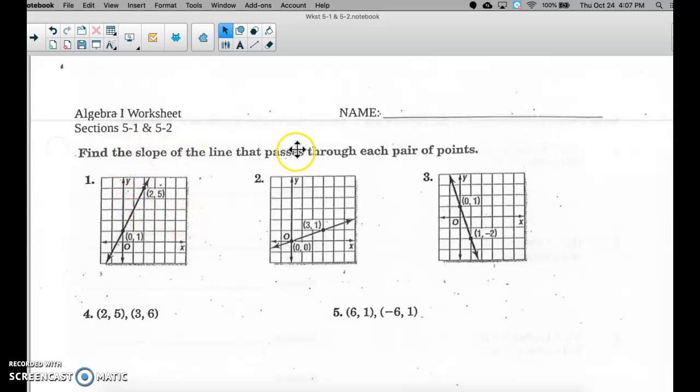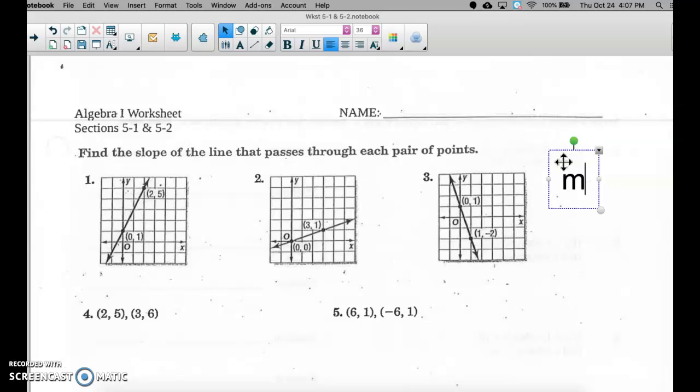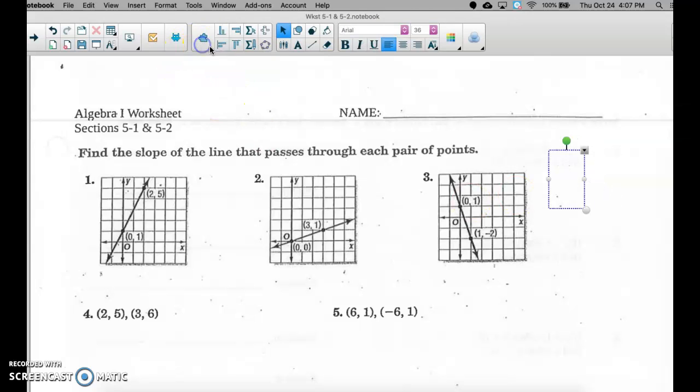It wants you to find the slope of the line that passes through the points, and we are always based on the formula slope equals, actually I'll put it in this form here.